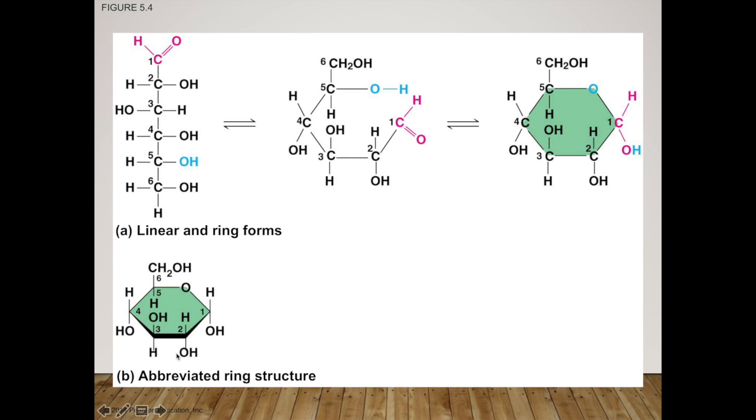And no, you don't have to memorize all of this. Just know that this is what water will do to a linear form sugar, is make it form this ring structure. And in the next few slides, you're going to see these green hexagons. And when you see the green hexagon, you should think, oh, that is actually just glucose that they've drawn a shorthand for.